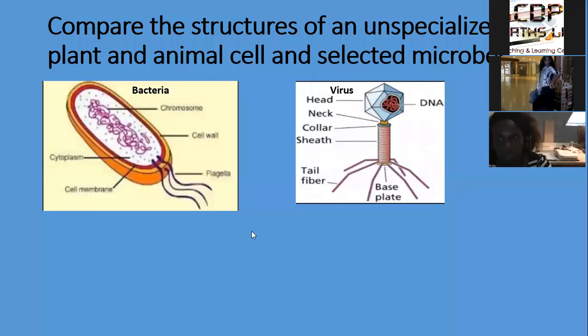All right, as we were saying, can somebody tell me the similarity between one of the two cells that we have looked at a while ago? The plant cell and the animal cell. Which of those two cells is the bacteria similar to in terms of components?